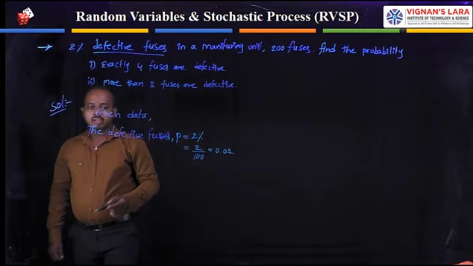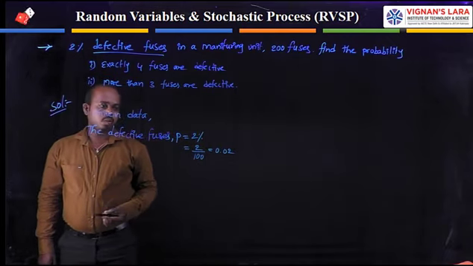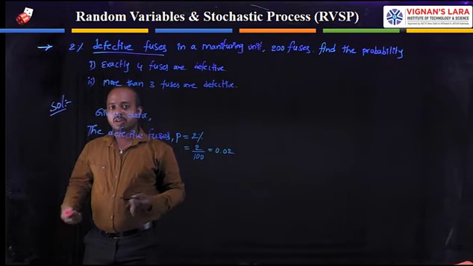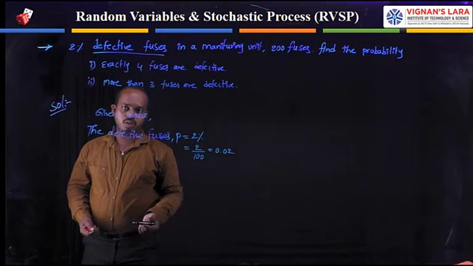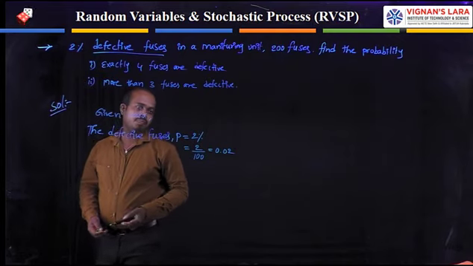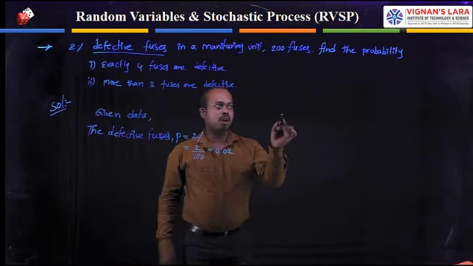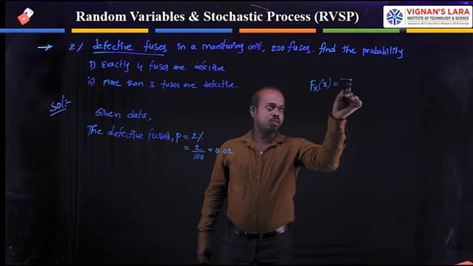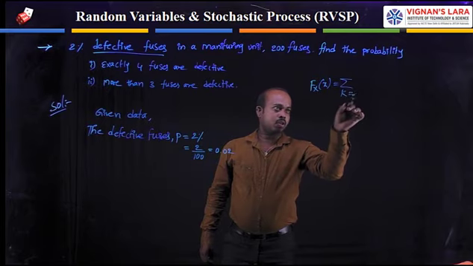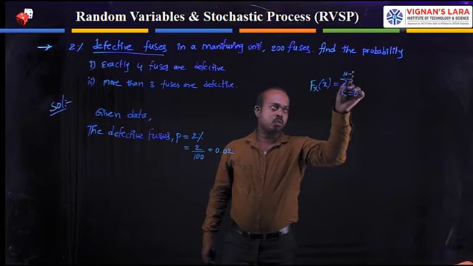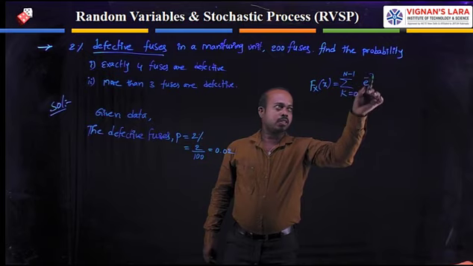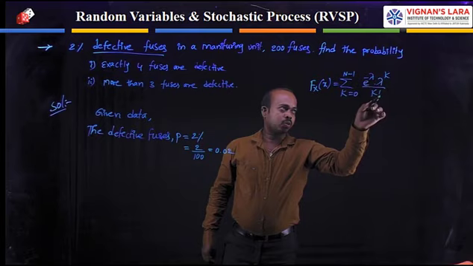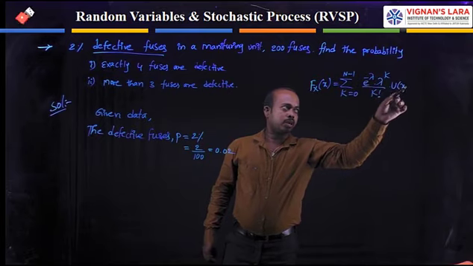Then you can find the next value. We are getting the success probability; we don't need the failure value, because we have the Poisson formula. The Poisson distribution formula is fx of x equal to the summation over k from 0 to n minus 1 of e power minus lambda into lambda power k divided by k factorial, into u of x minus k.